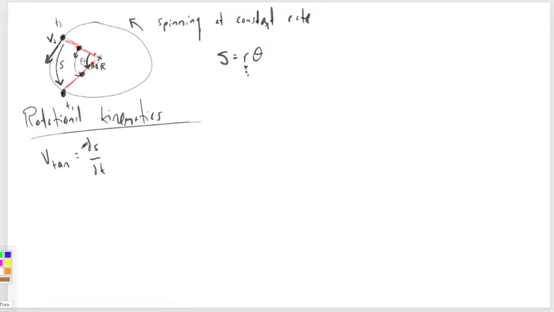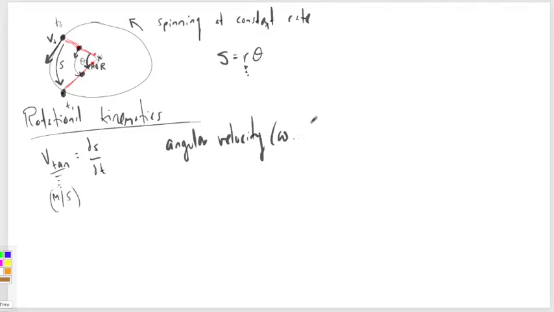So you know that instead of talking about a linear velocity, we can talk about an angular velocity, which we give the abbreviation omega, the Greek letter omega. Linear velocity is given in units of meters per second.